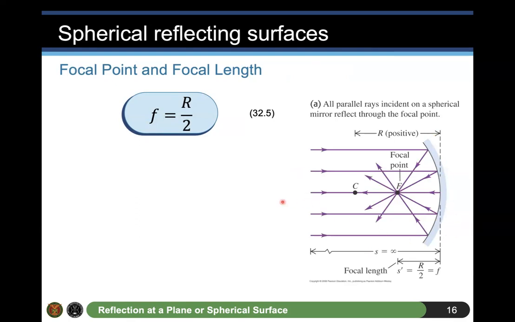Okay? If that is the case, then the light rays coming from that object situated at infinity from the mirror, magiging parallel rays na lang lahat yon. Okay? Once these parallel rays strike the surface of the mirror, magkakaroon ng law of reflection for each of these points. So mag-a-apply tayo ng law of reflection. And they will always converge on the focal point F, which is situated half the radius of curvature.